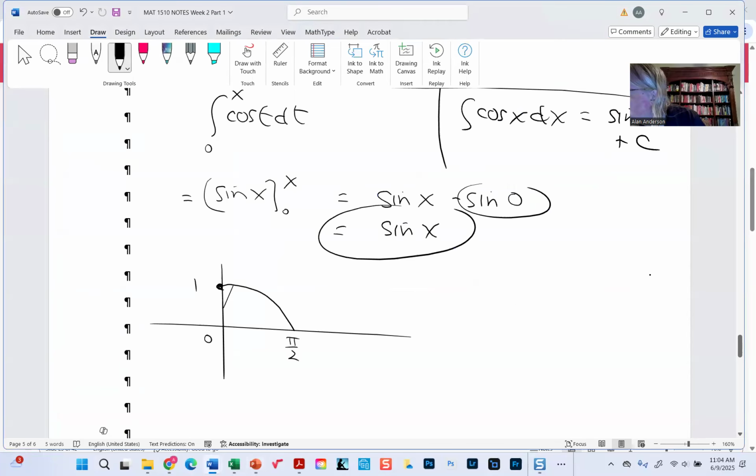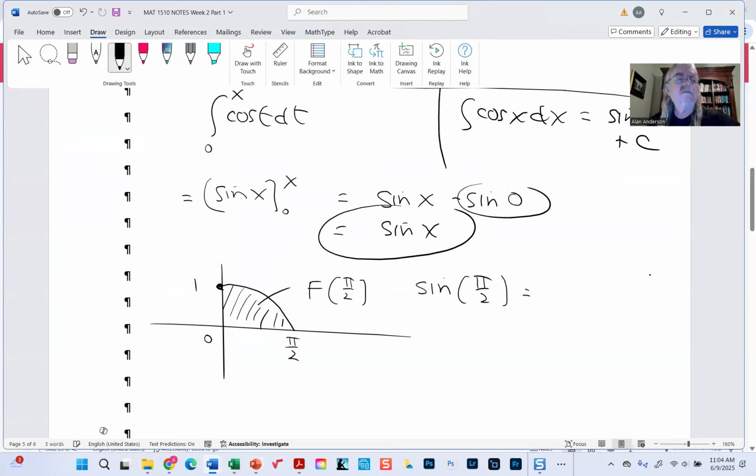Well, according to this theorem, it's going to be sine of pi over 2, which is, one second, I think it's 1, but I just want to make sure. It is indeed 1. All right.